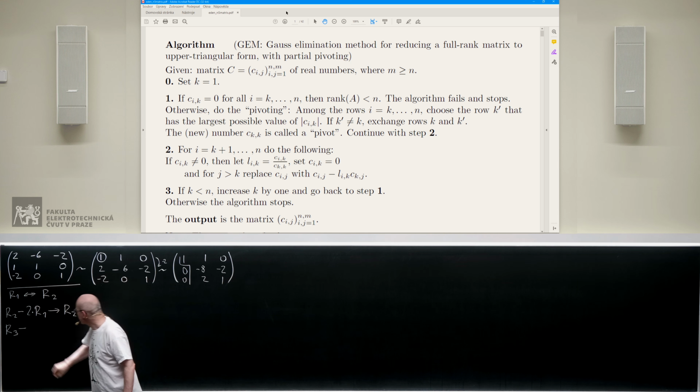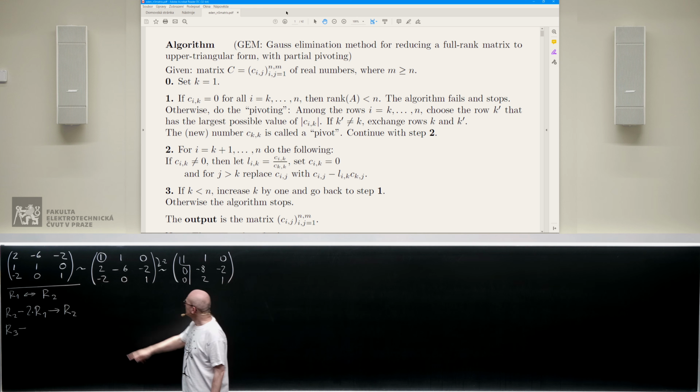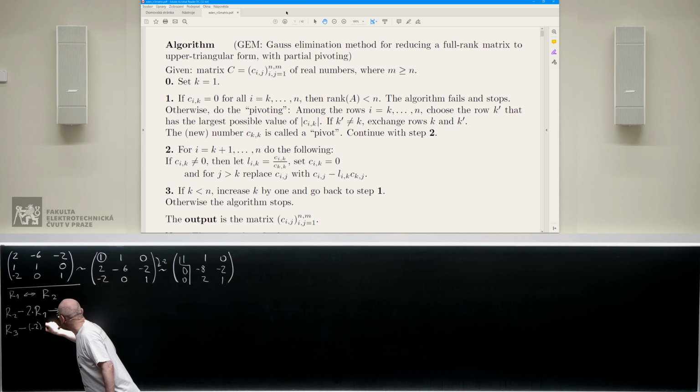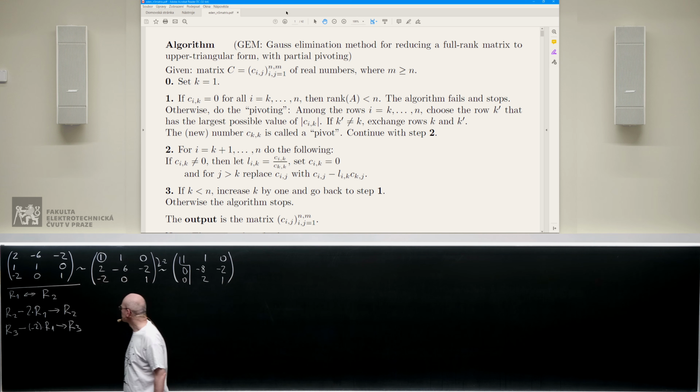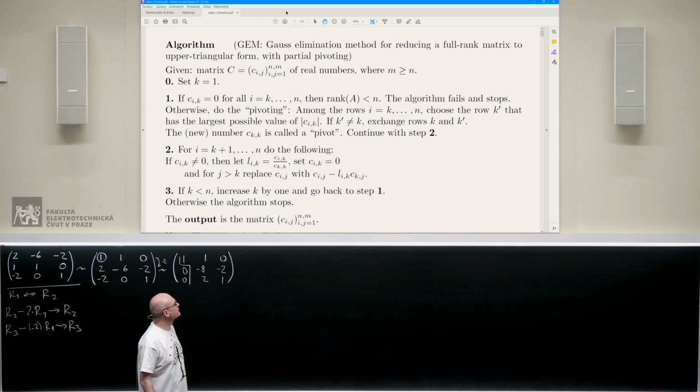So if I want to subtract, because that's what the form is forcing me to, I need to think about it as subtracting -2 times row 1. And this will be new row 3. So minus minus gives me plus, so I'm really adding double of row 1, but I have to write it as a subtraction. Now let's have a look at the slide.